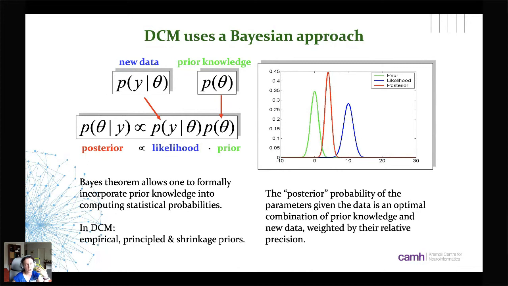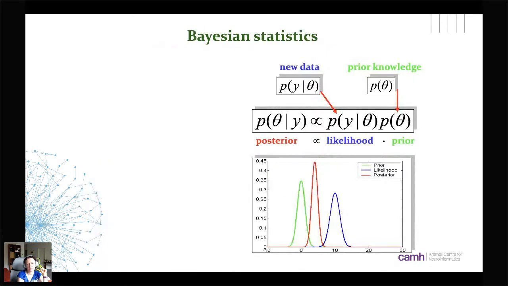So it's kind of a conservative approach. We require a lot of evidence to obtain non-zero estimates of effective connectivity. And the posterior probability of the parameters given the data is essentially an optimal combination of prior knowledge and new data. It's exactly the application of Bayes' rule in this case.